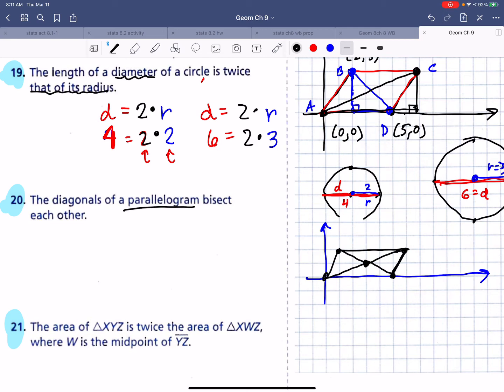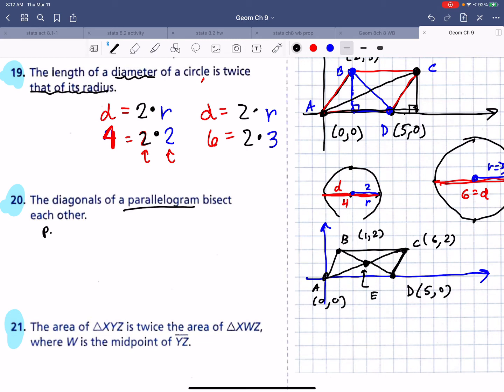So let's read off these coordinates. So A is 0, 0, right? B is 1, 2. C is 6, 2. D is 5, 0. So we're trying to prove that, and I'll call this E.